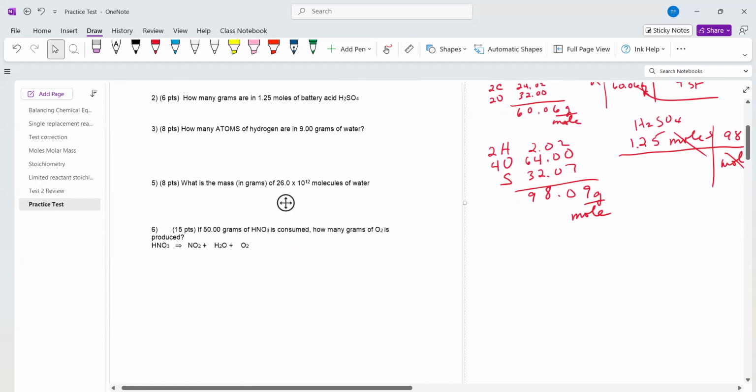Okay, what's the mass in grams of 26? I don't know. Should have been 2.6. But anyway, 26 times 10 to the 12 molecules of water. Okay, so we're starting with numbers. We've got to get to moles.